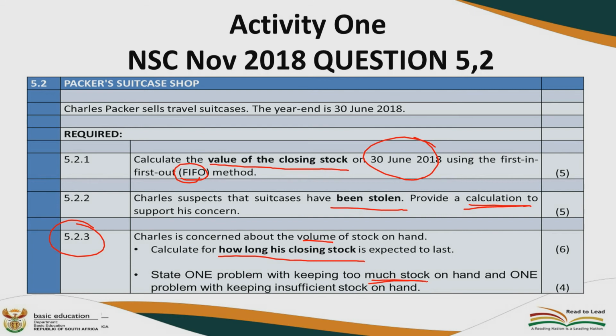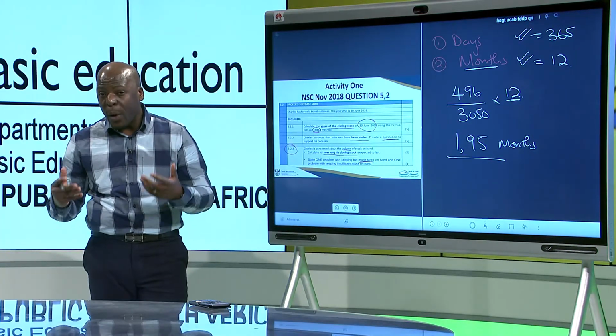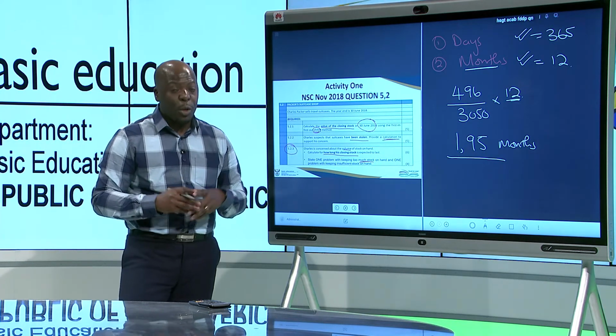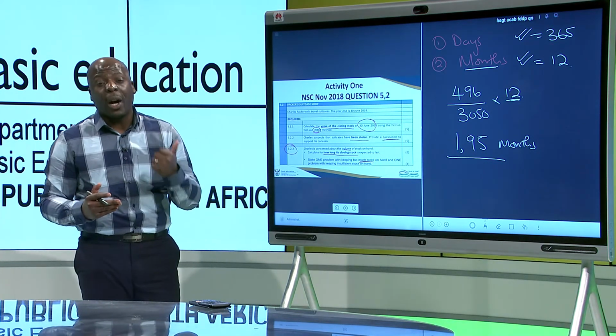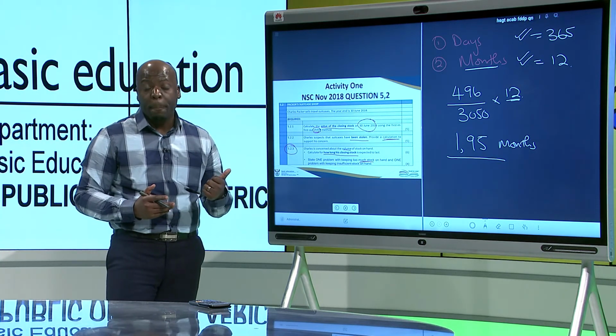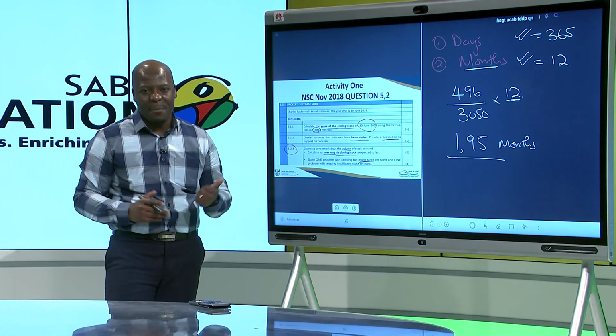Problem number two, if you keep too much stock on hand, there is a chance that some of the stock will go missing. What do I mean by that? There's a chance that some of the stock will be stolen from the warehouse. Why? Because there is too much on hand. So, number one, you're going to have liquidity or cash flow problems. Number two, there's a chance that the stock will definitely go missing.